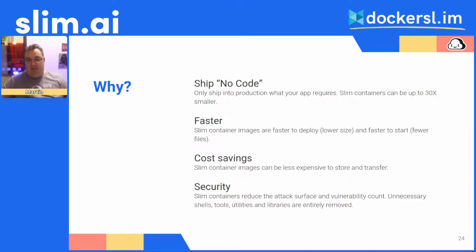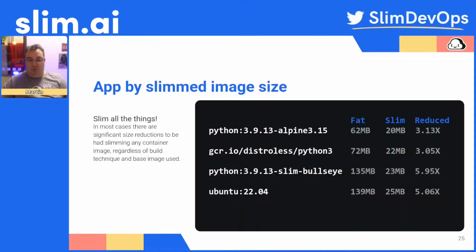So let's take a look at our slimmed containers. So we've slimmed all of the containers. In most cases, there are significant size reductions to be had with slimming container images, regardless of the build techniques and base images used.